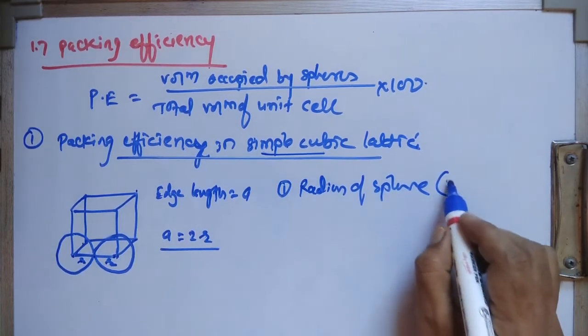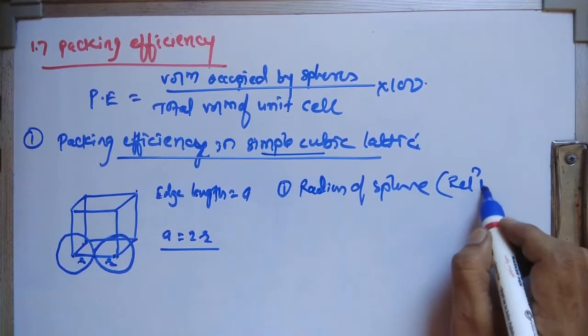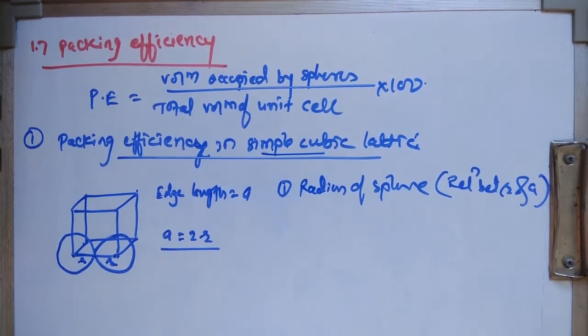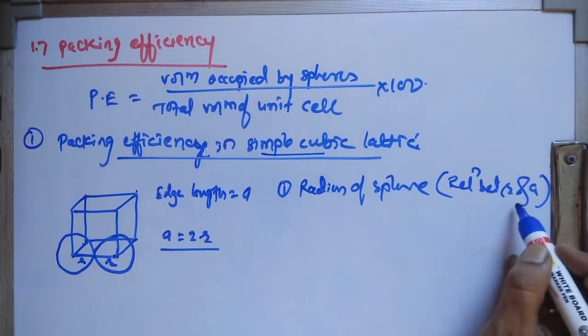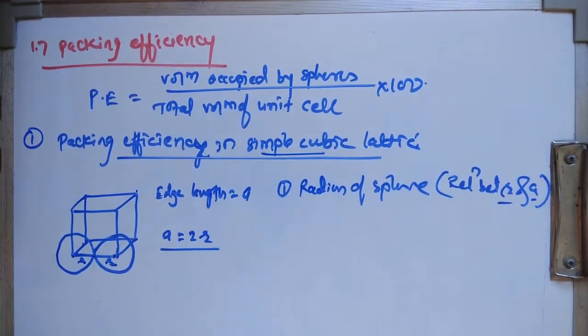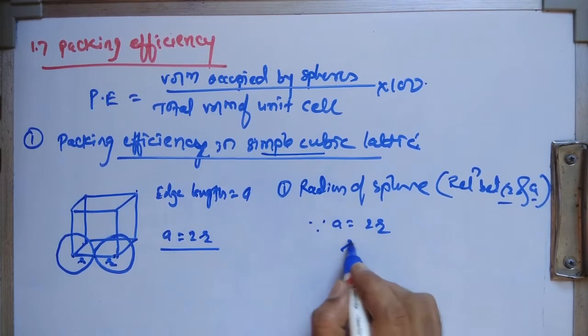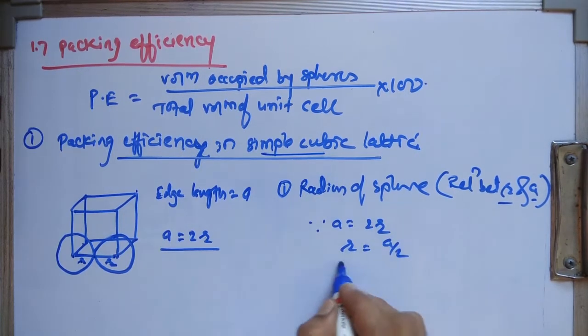That means we have to find out the relation between radius and edge length a. As we have just seen, a is equal to twice r, therefore r is equal to a by 2. This is the relation between radius and edge length a.